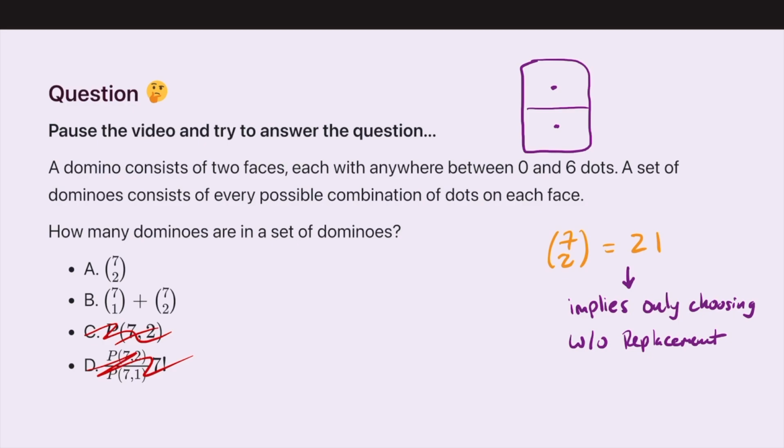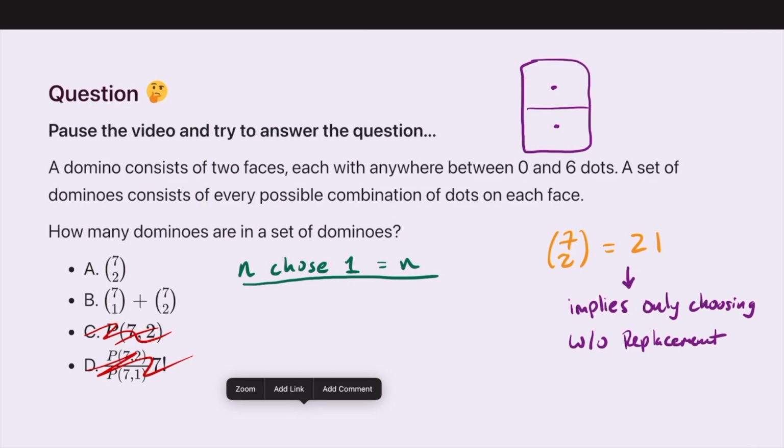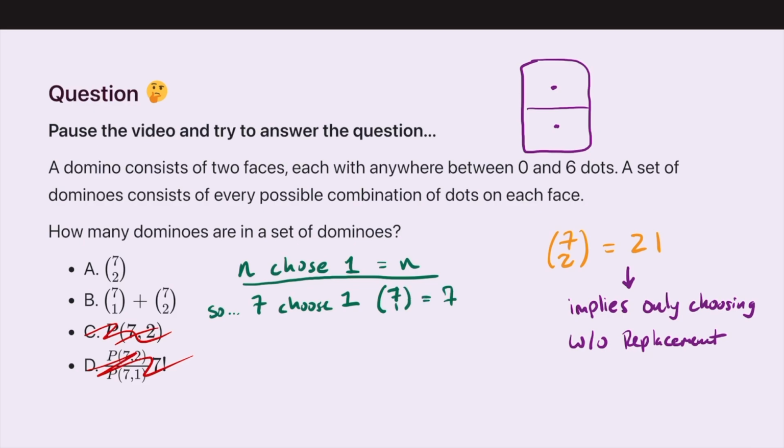Now, just to keep it the same, we can say n choose 1 is always equal to n. So 7 choose 1 is equal to 7.